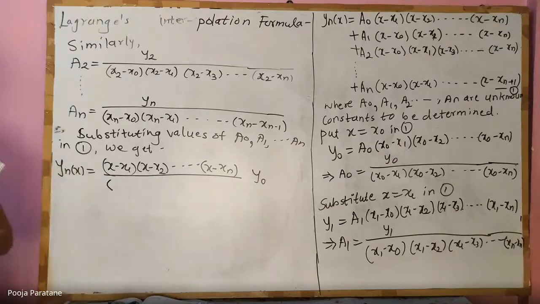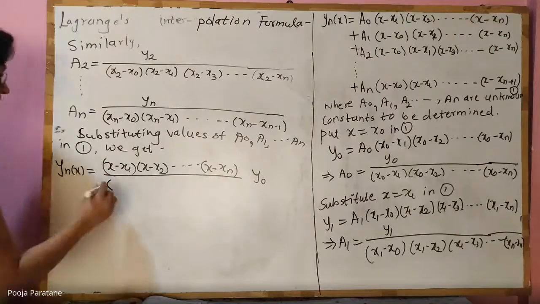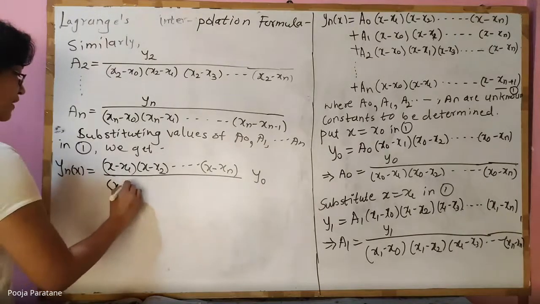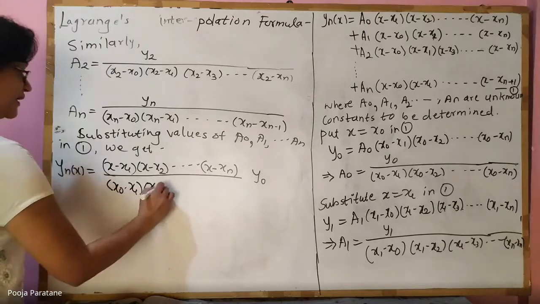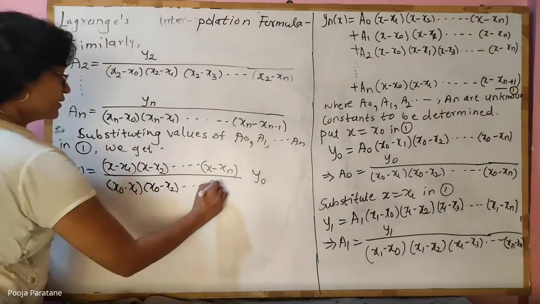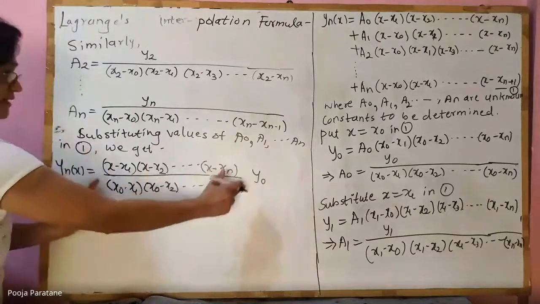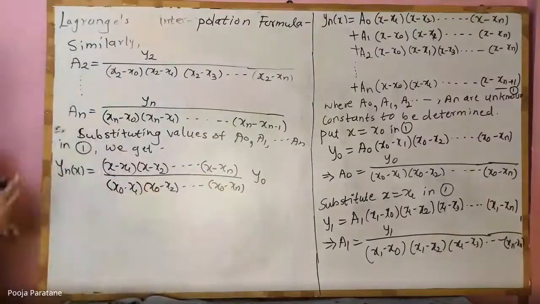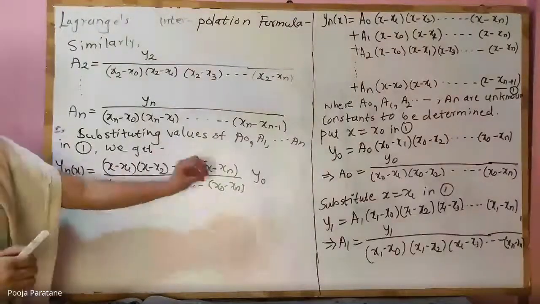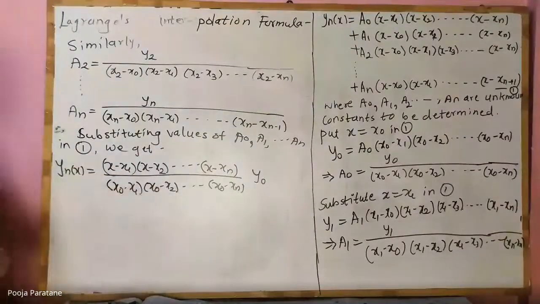So in this way, we can remember this formula very easily. So here x0 minus x1, x0 minus x2, x0 minus xn and into y0. So this term we can write instead of this, some shortcut we can use when we remember the formula.